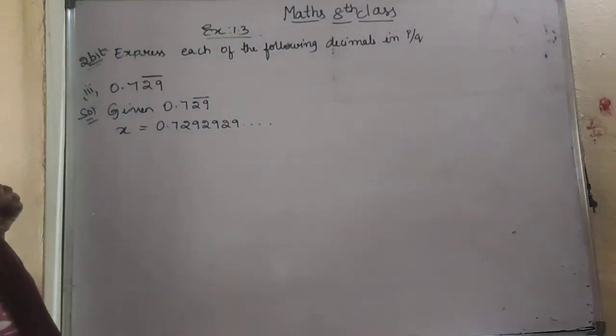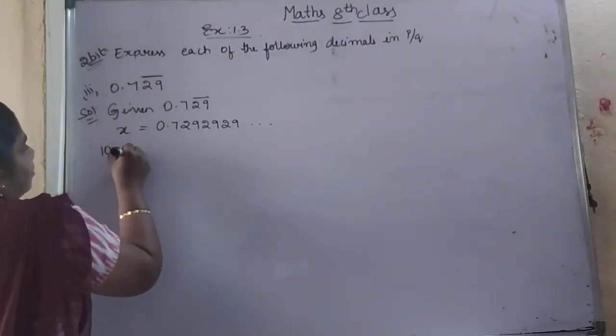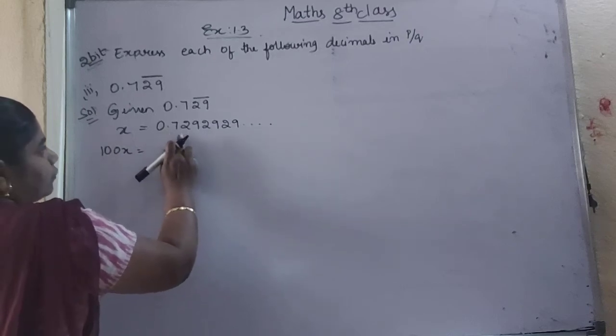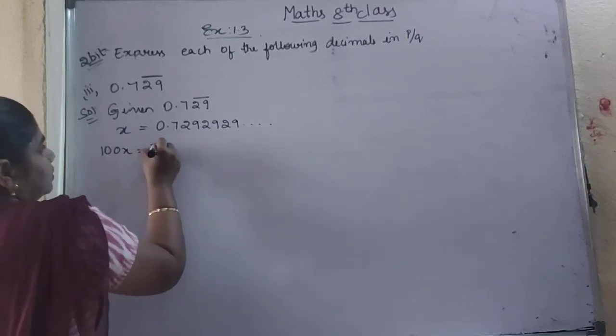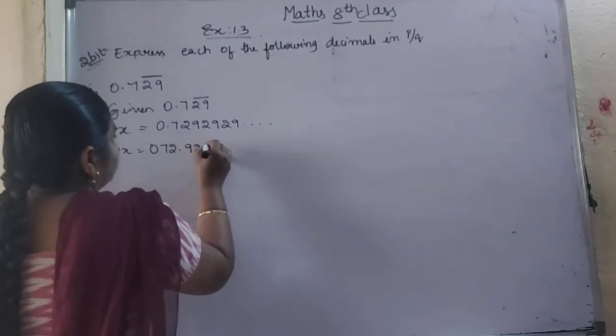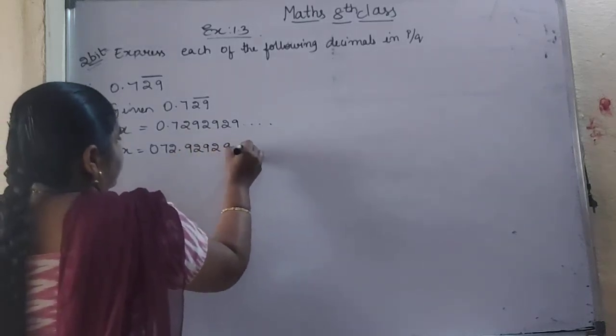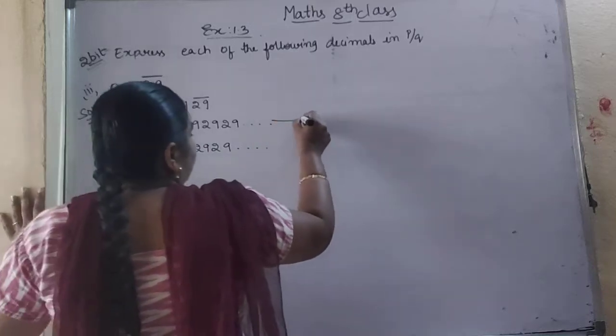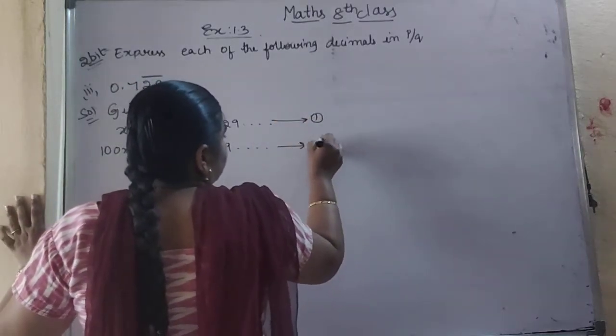Now the bar is for two numbers. So we will take it as 100x and move the point after two digits. So that will be 72.92929 and so on. So this will be equation number 1 and this is equation number 2.